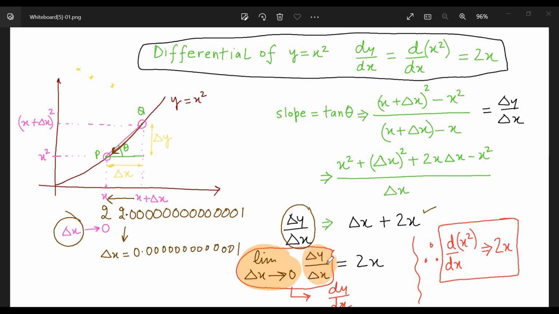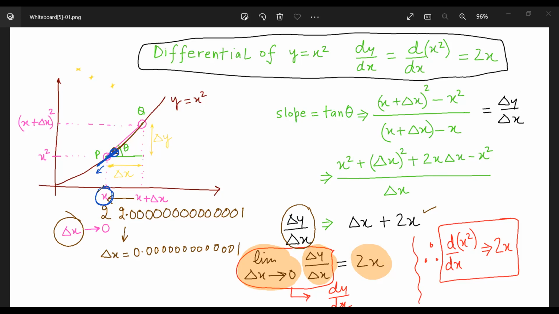Basically what I'm saying is that the slope, as delta x becomes almost 0, can be given by 2x. And if you think a bit, when this q has come as close to p as is possible, this slope would be the slope of the curve at the point P, where the abscissa of P is x. Is it making sense?